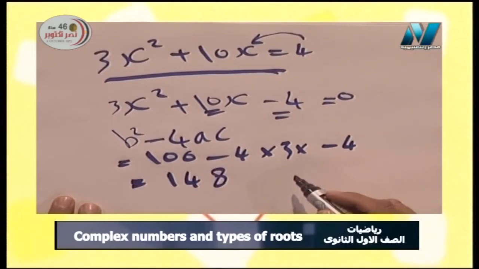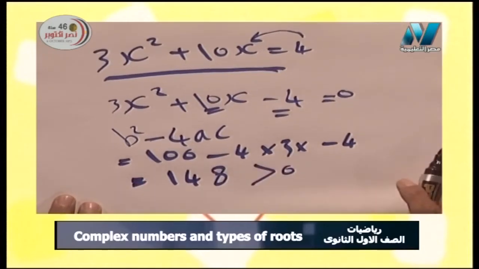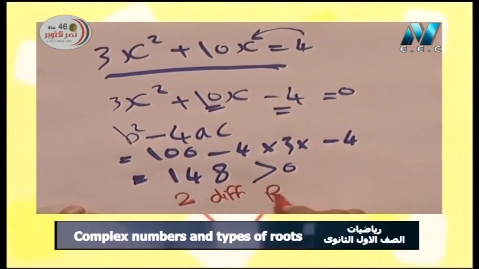What about this number? This number is greater than 0. So, my dear students, try to predict the types of the two roots. Yes, the two roots are two different real roots.